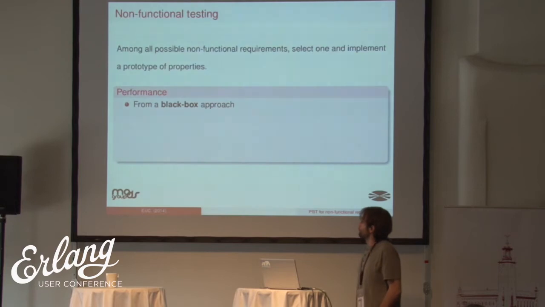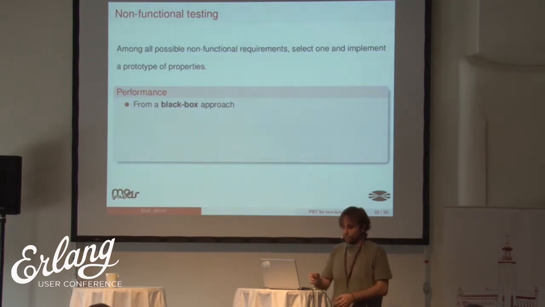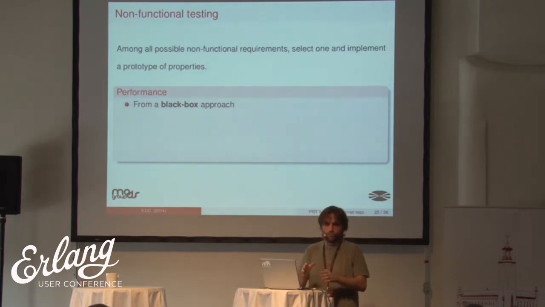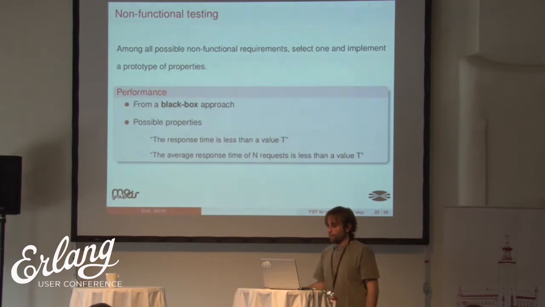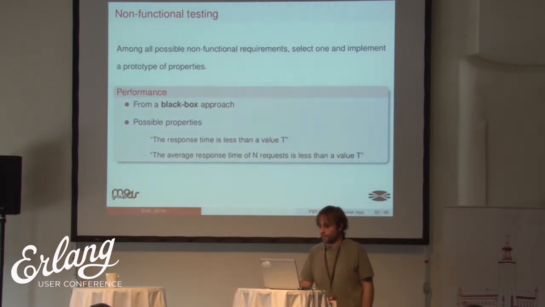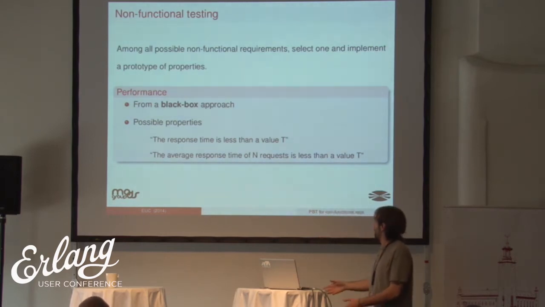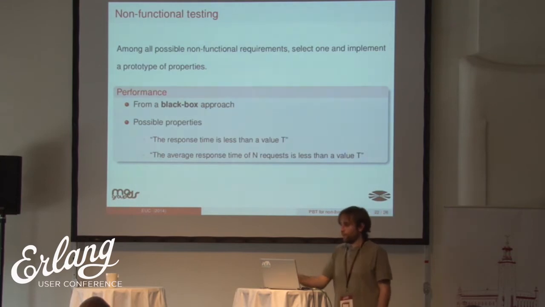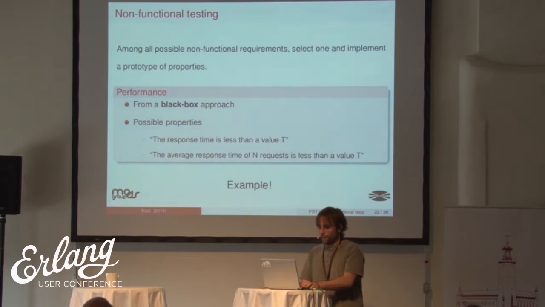I'm going to check the performance requirement using a black box approach. I just want to test the inputs and the outputs and the response time of that operation. Possible properties we can check are that the response time is less than a specific value, or that the average response time of n requests of the same operation is less than another value.